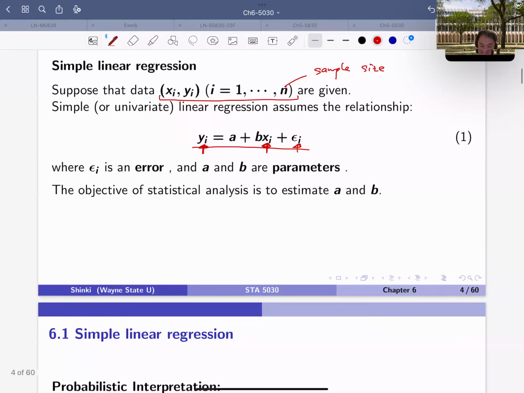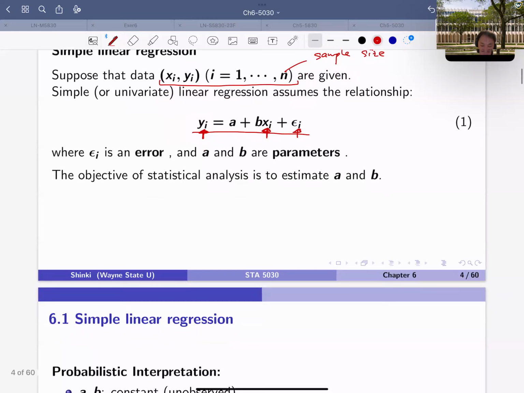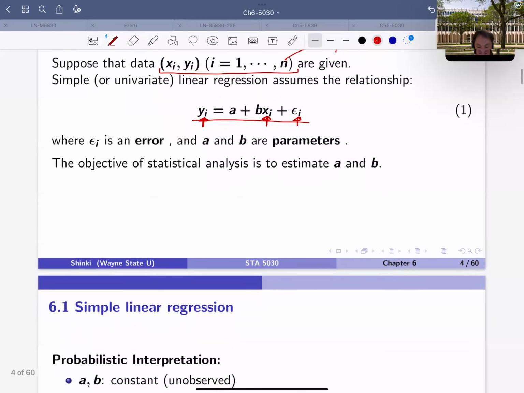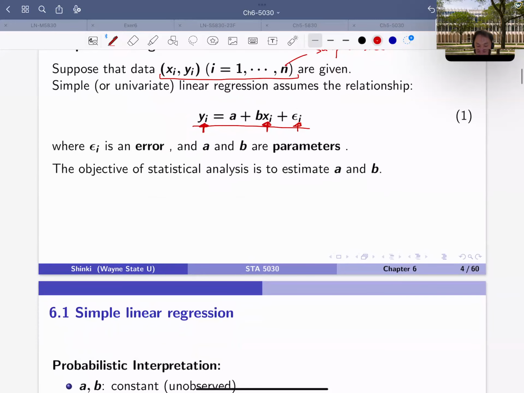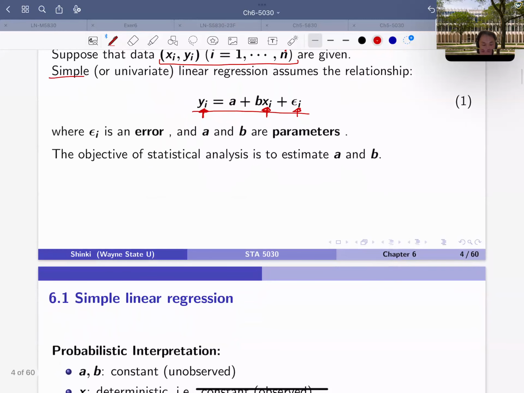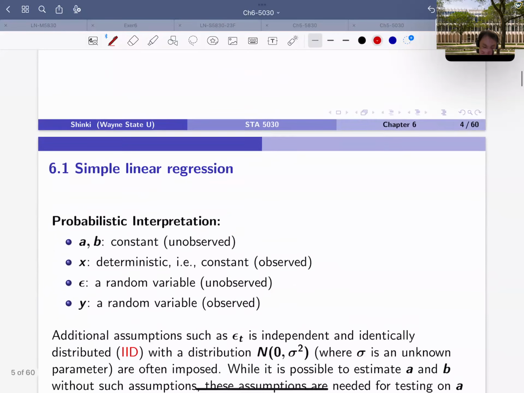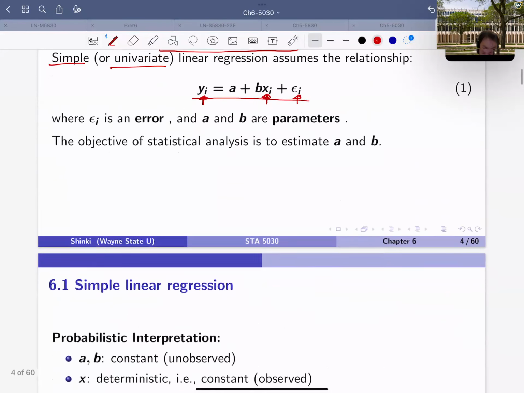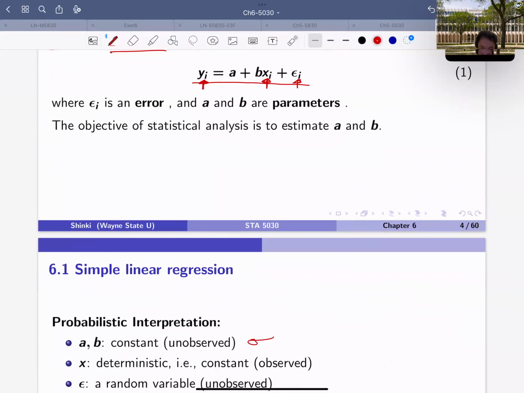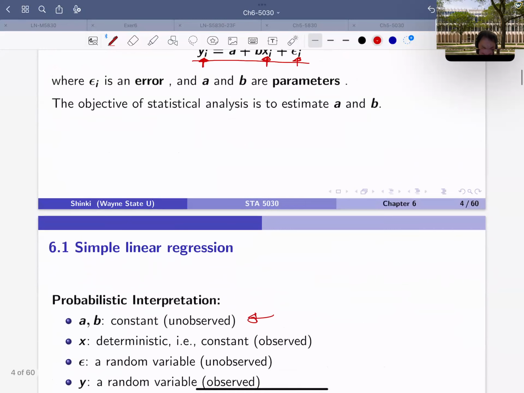So we have some noise, epsilon i. That is our assumption in linear regression, called simple linear regression or univariate linear regression.